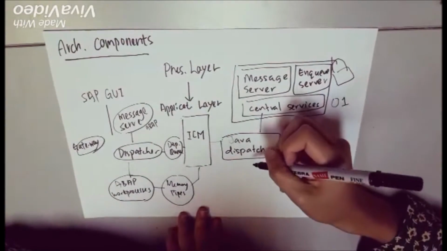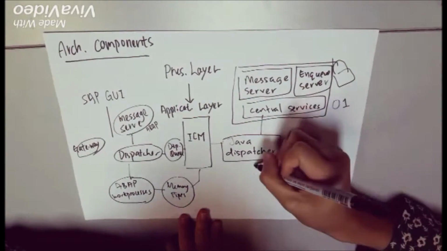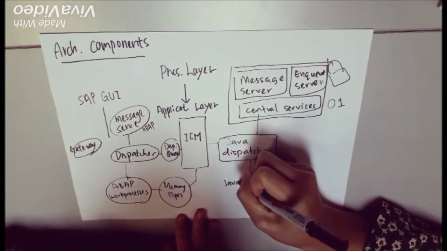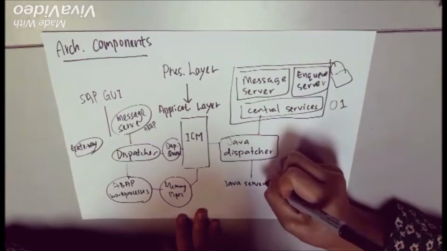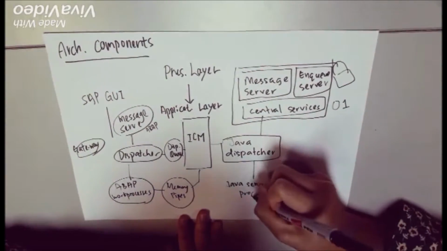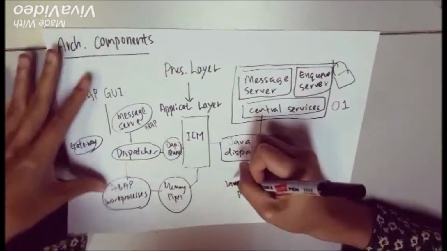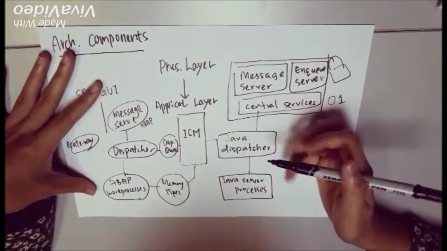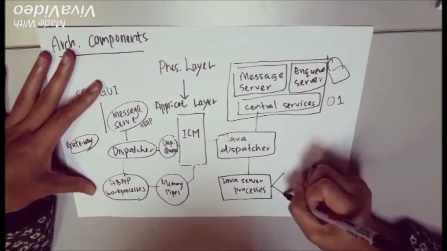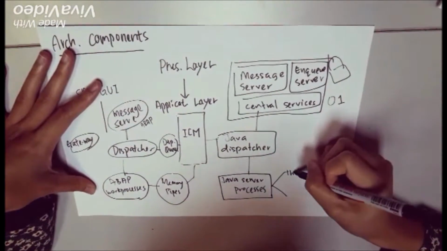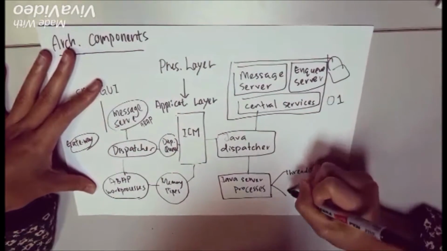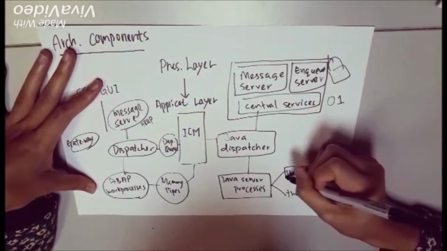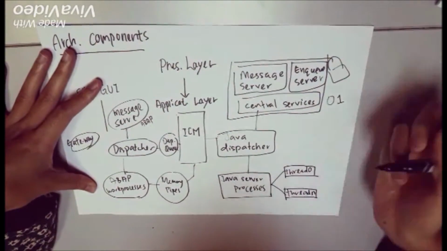Next to the Java dispatcher is the Java server process, and next to it we have thread 0 and thread n.